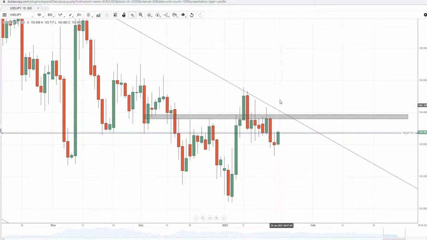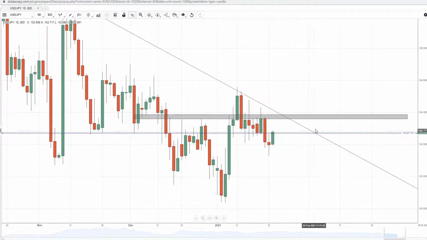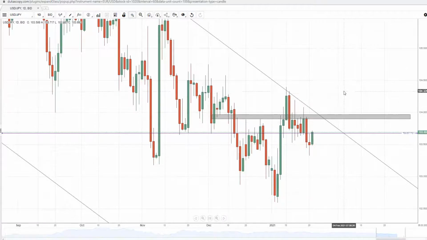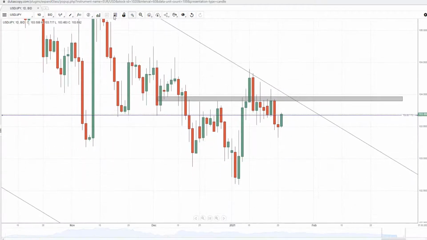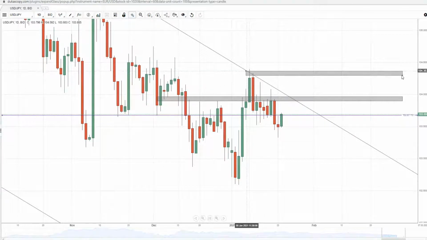If the price breaks this level, and a break has occurred through the upper boundary of the long-term descending channel, the USD JPY will start a new trend. But before it starts a new trend, the structure needs to break. Where is the last high of this structure? It's at this level, the 104.36 region.